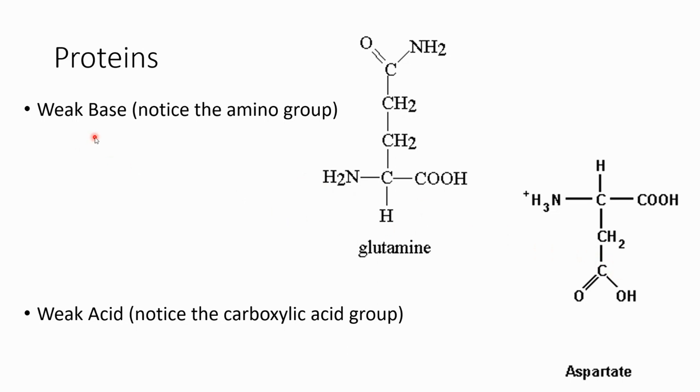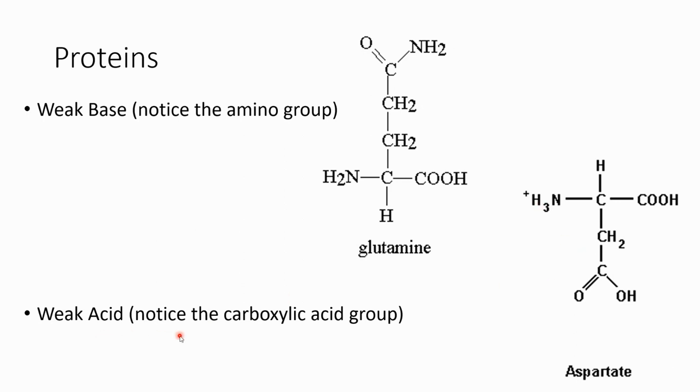So we've got a weak base, we've got this amino group right here, H2N, that N right there lets you know you've got an amino group. The weak acid, we've got a carboxylic acid group. So we've got this amine group coming off up here as well. This is part of the amino acid, but you have this extra amine group coming off the top.